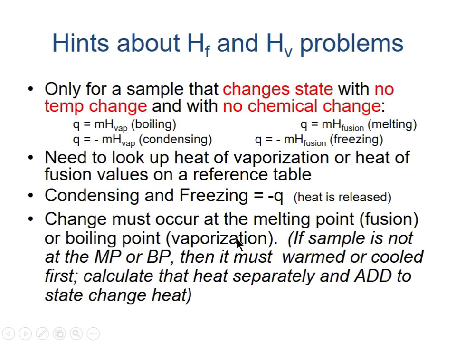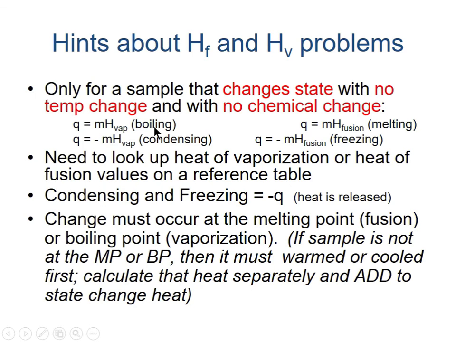So when we're working these state change problems with heat of fusion and heat of vaporization, it's important that I know that I actually have to be changing state, and that can only occur at the melting point and the boiling point. So I have to make sure it's happening at the proper temperature for it to be occurring, and which one I use will depend on if the process is an energy releasing or an energy absorbing process.